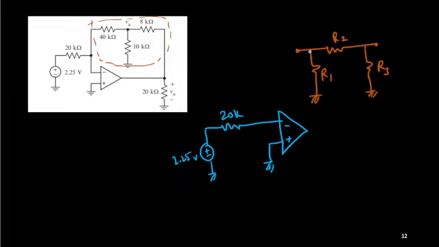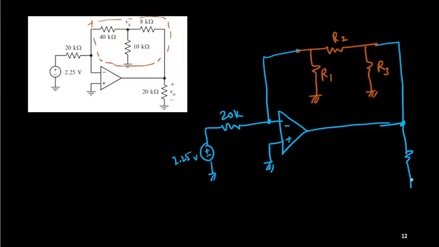Okay, now this end only it is connected here. It is this side, and this side is connected to the output end. Then this output is again connected to 20K load, right?